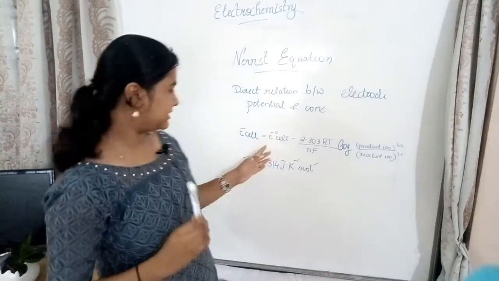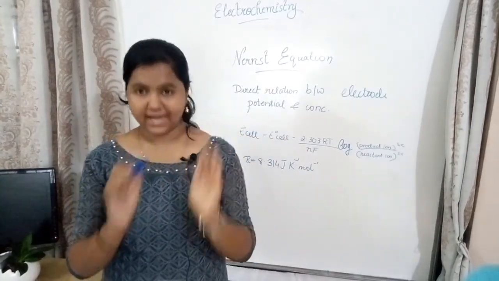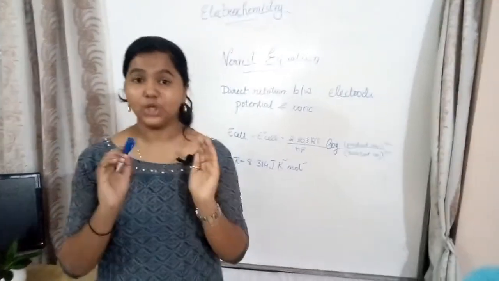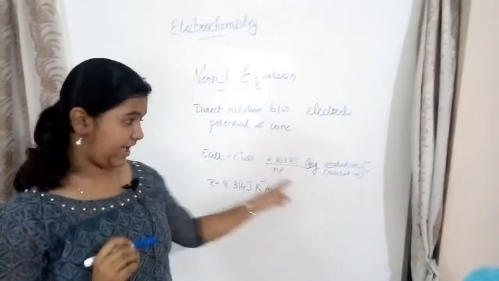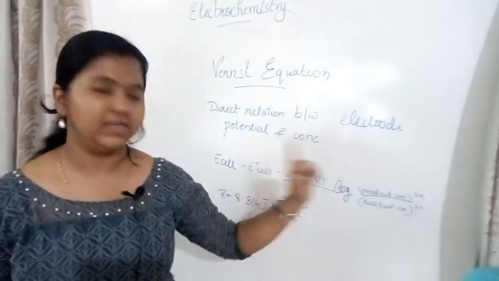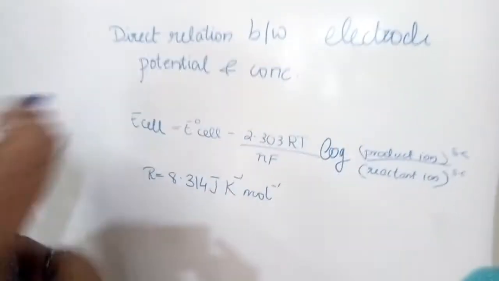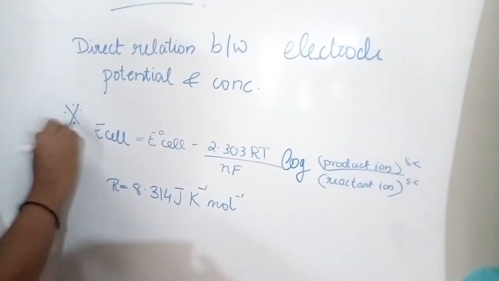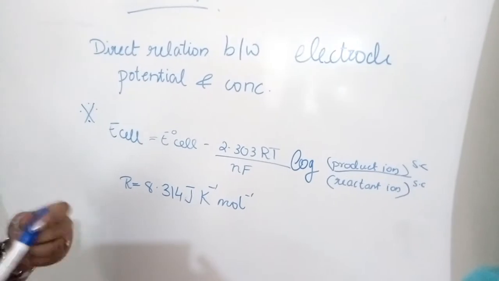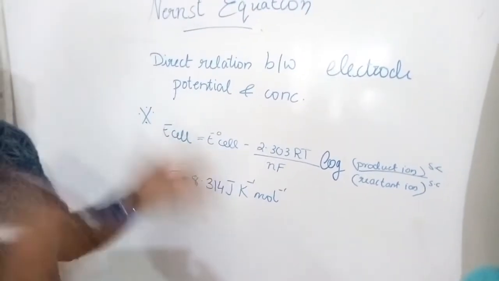So the general Nernst equation goes like this. E cell is equal to E0 cell minus 2.303 RT by NF into log of product ion raised to stoichiometric coefficient divided by reactant ion raised to stoichiometric coefficient. So this is a very important equation. You have to learn it. And then we have to know the standard conditions.